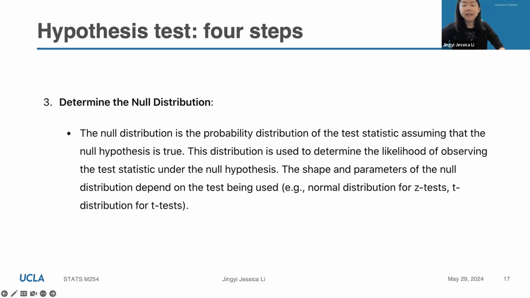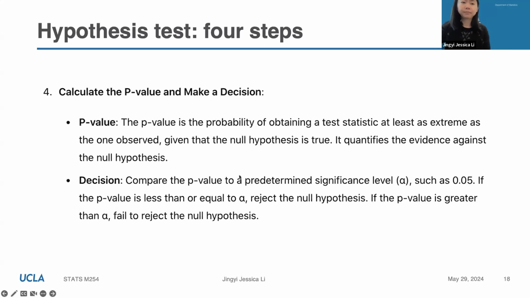And these standard distributions, like I said earlier, were constructed for convenience. So we don't need to work with so many different distributions, just the standard ones that can be made into tables. Finally, convert your test statistic to a p-value and then make a decision. So here, what is a p-value?